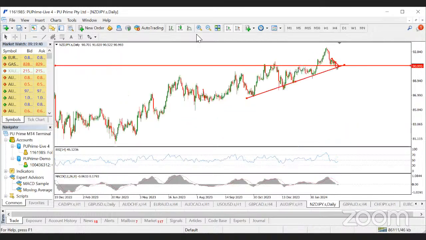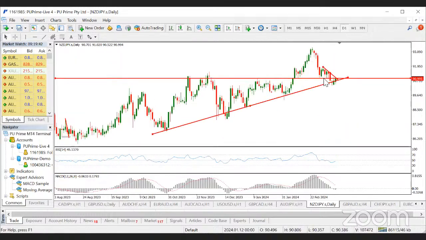On the daily time frame, we can see the price on an uptrend on the New Zealand JPY. We have price make a lower low here, and you can see a bounce off from here. And this is where price currently is. So technically, we expect a bounce again in the bullish direction.